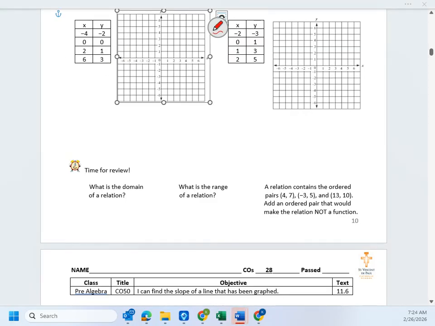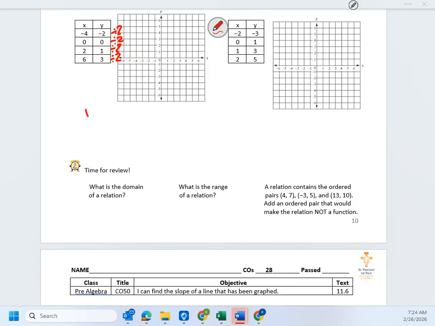I could say 6 divided by 2 is 3, so I could divide by 2. 2 divided by 2 would be a 1. 0 divided by 2 would be a 0. Negative 4 divided by 2 would be negative 2.